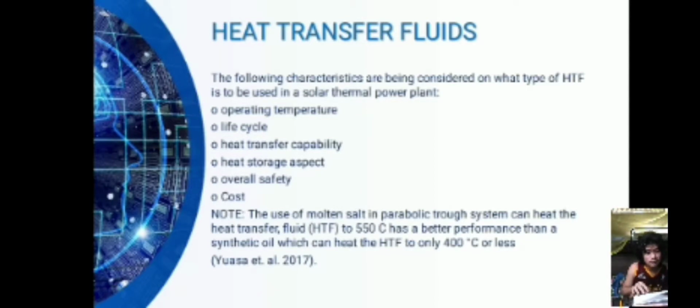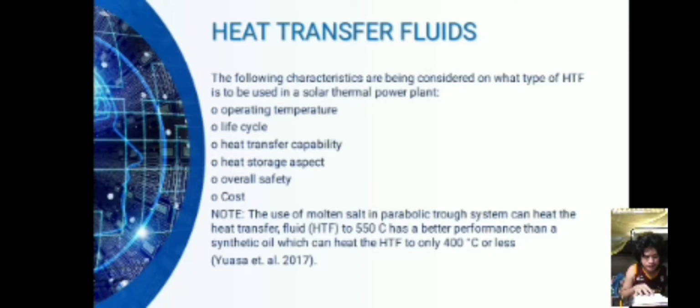So, kung yung heat transfer fluid mo kaya lang mag-last ng 1 year, magastos. Then, yung heat transfer capability. So, dapat yung capability niya to transfer heat to water.